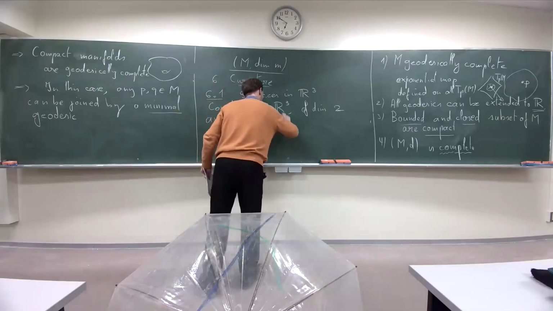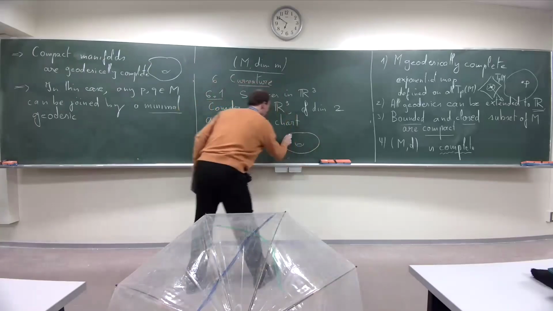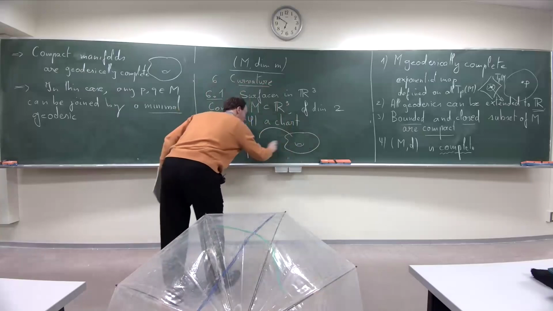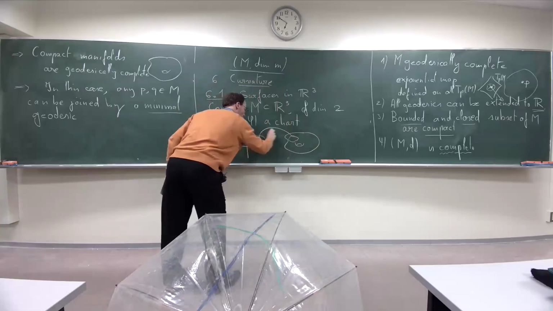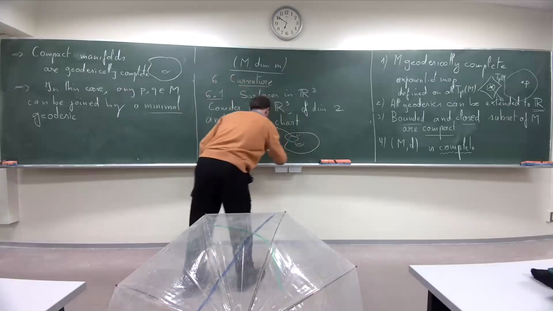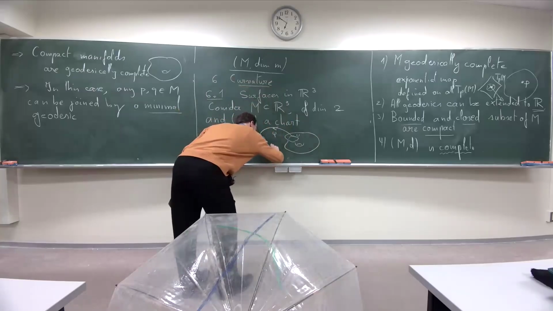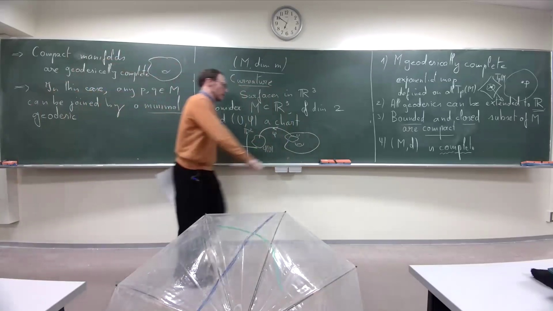So remember the picture: you have your manifold, and locally, this part looks like a subset of R2. I denoted this by phi, this is U, this is the image of U, phi of U. Okay, this is the chart.